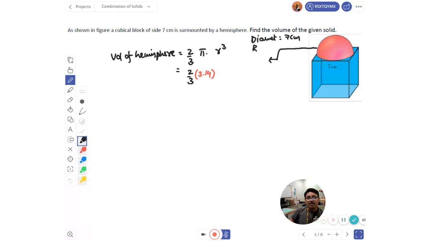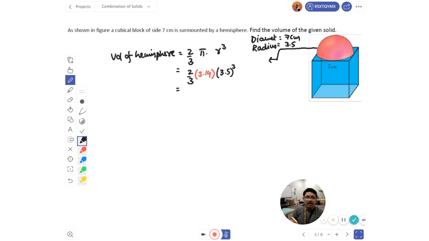Then what is the radius? This is going to be half of that, which is 3.5. Okay, 3.5 cube. So let me grab my calculator and compute 2 divided by 3 times 3.14 times 3.5 cube.